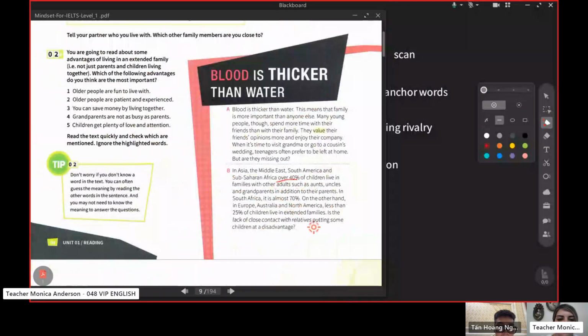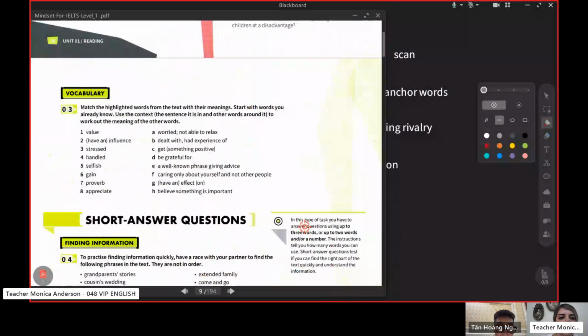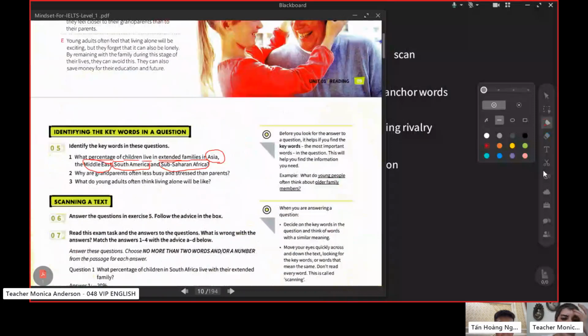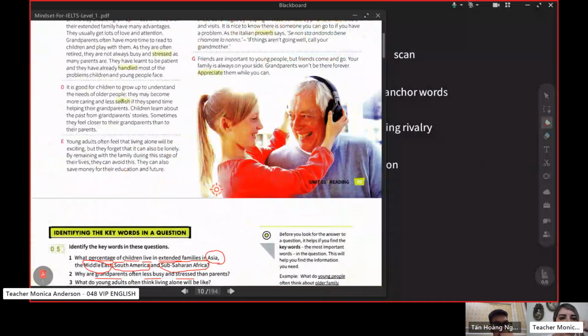That's it. Very good. The next one, please. Read the question. Why are grandparents often less busy and stressed than parents? So stressed, busy, grandparents. So we need to look for this information.